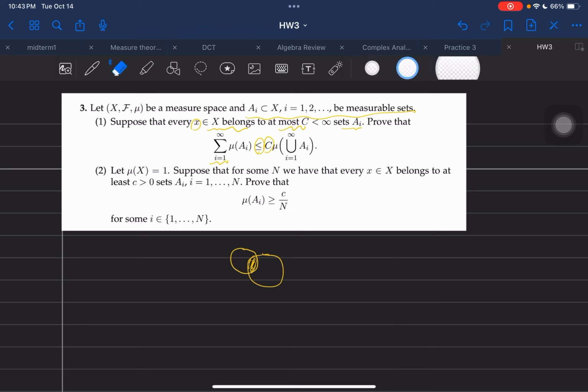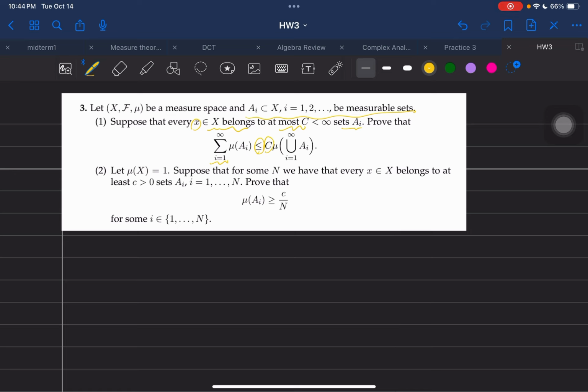But if we do know that each x belongs to at most C finite sets of AI, then we can control the double count by timing a constant C. So that's essentially what the problem is saying.